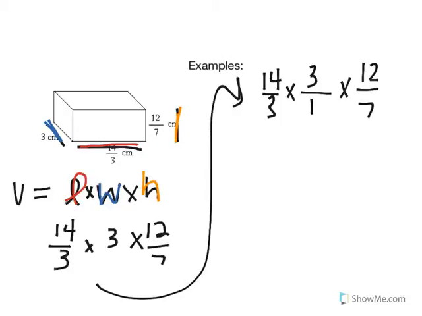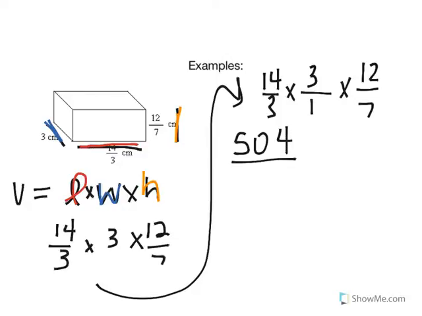Now remember, we multiply across, so we do 14 times 3 times 12, and you can write this out if you don't want to do it in your head, right? And so when you multiply it out, you get 504 for your numerator.